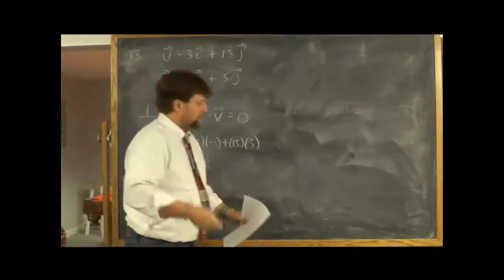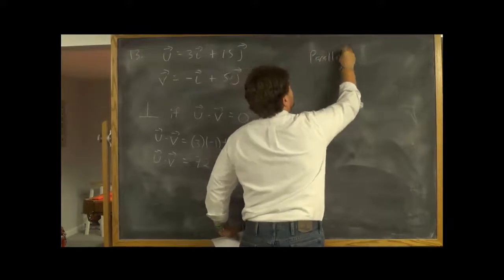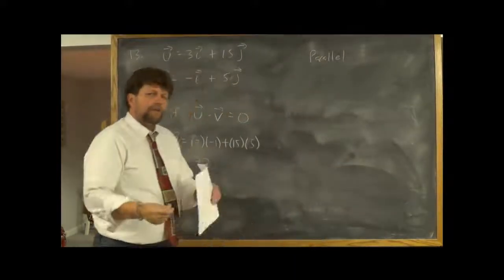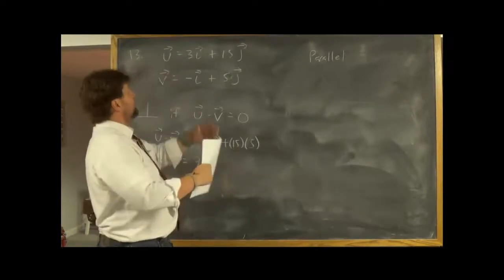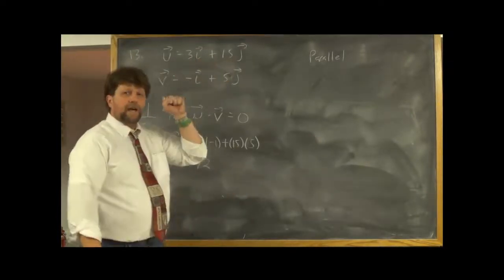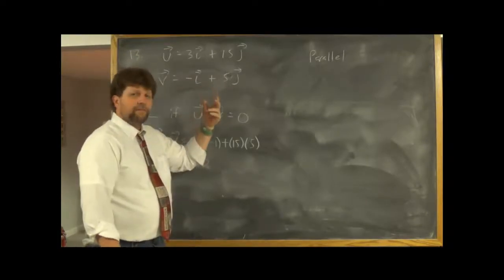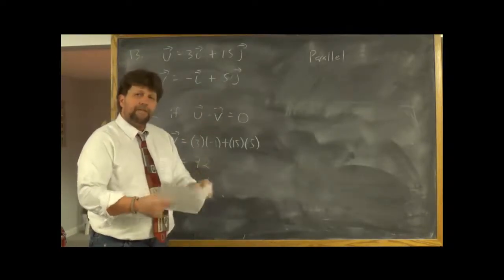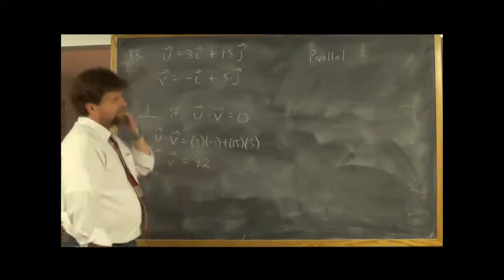Now for two vectors to be parallel, the two vectors have to be scalar multiples of each other. In other words, this vector times a scalar will give you this vector, or vice versa. So here's how I attack it.